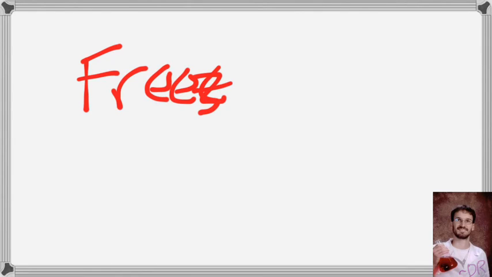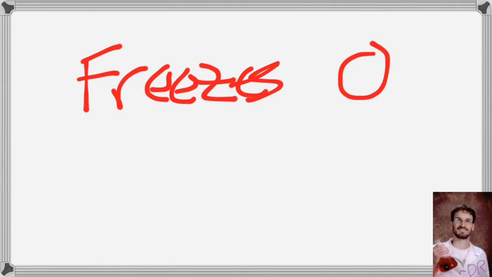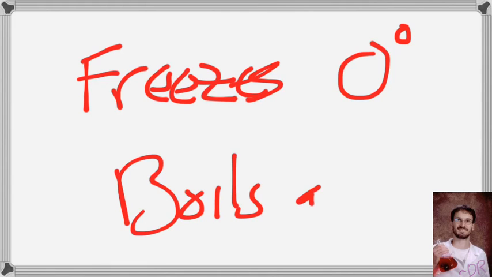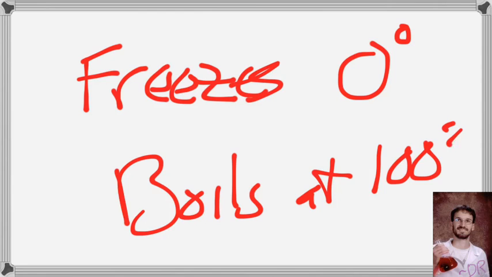Where's my eraser? Back. There we go. Back. Freezes at 0 degrees Celsius and boils at 100. Oh, yeah, it wasn't there because we talked about how it was flipped around backwards.